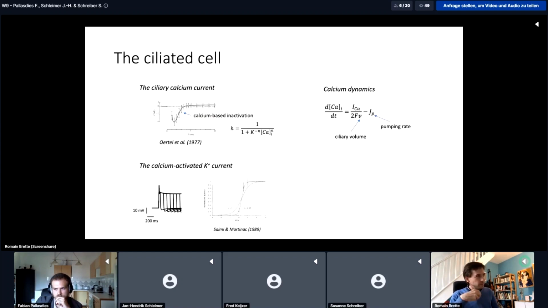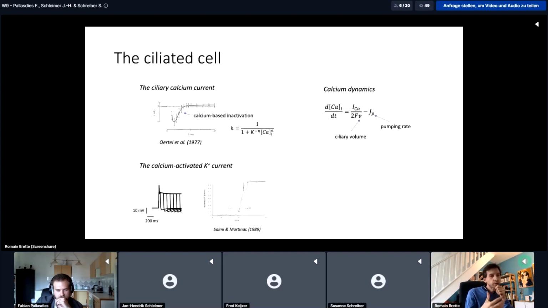You put some chemical that makes blisters on Paramecium, and then you patch. That's fairly difficult to do, but there are some single channel recordings. So from the literature, you can kind of guess some parameters for these models.